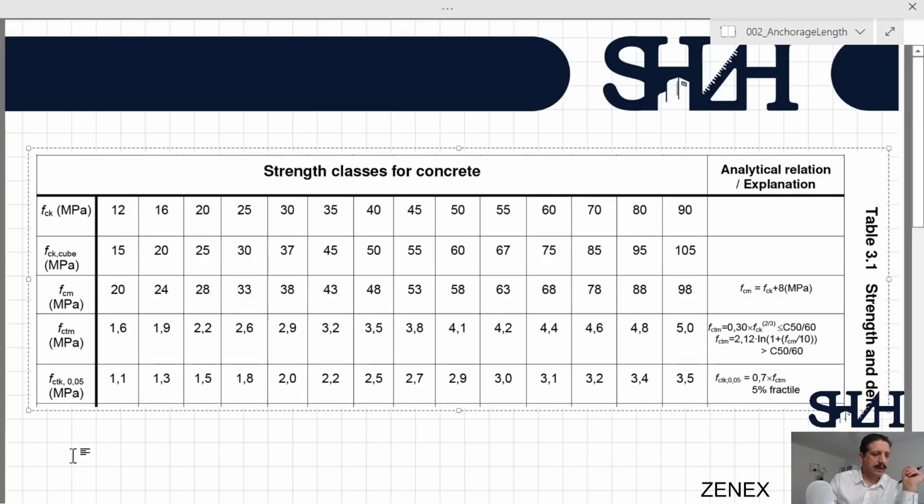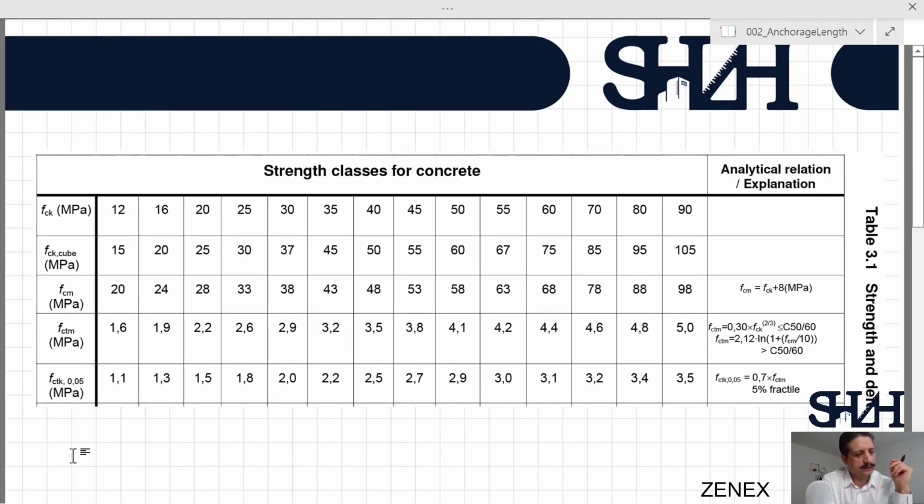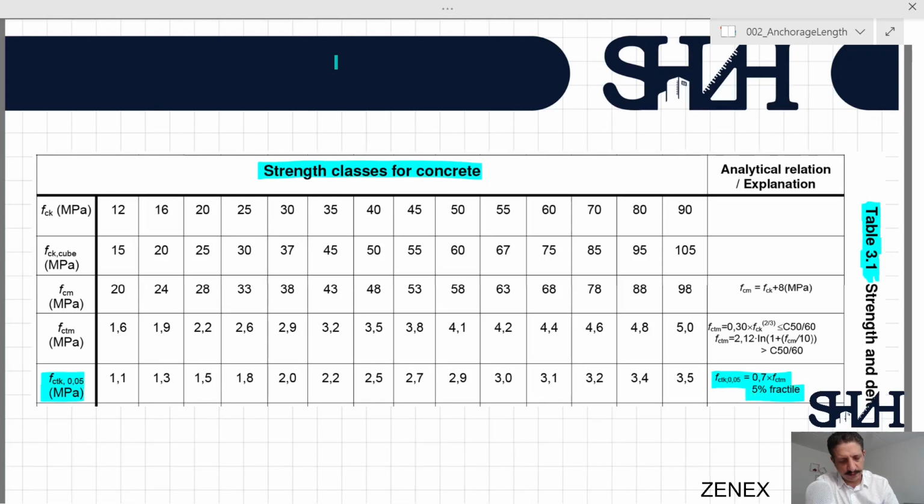It's the characteristic tension resistance or tension strength of concrete. So in table 3.1, from the strength class of concrete, we can find fctk 0.05. Or if you are writing a code for R&D, then you can use the given equation in the explanation or analytical relation.